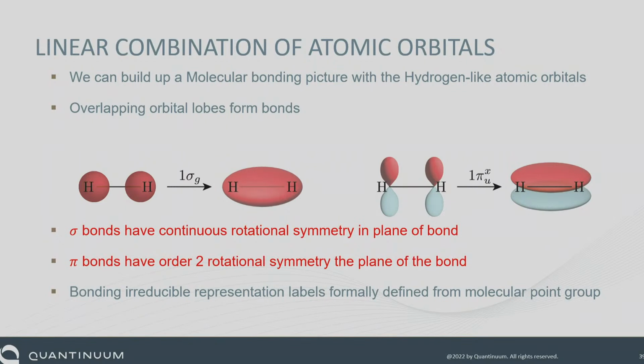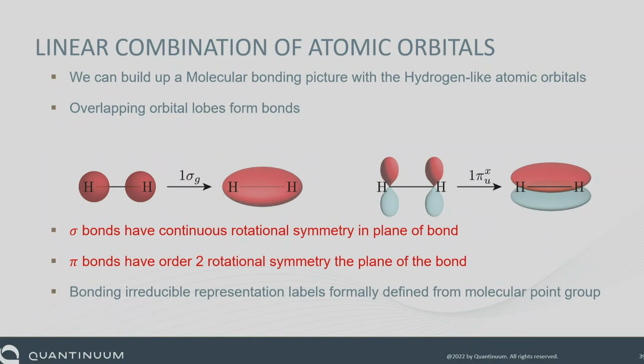So here you have two s orbitals favorably interacting to form this sigma bond. We call it the sigma bond because it's totally circularly symmetric around the bonding axis. And when you have two favorably interacting p orbitals, you get the positive phase delocalizing favorably at the top, and the positive phase delocalizing favorably at the bottom.